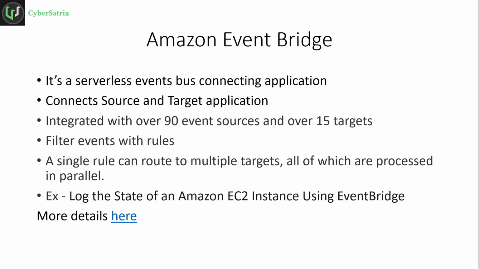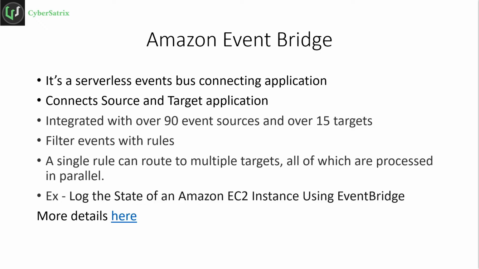Okay, so what is Amazon EventBridge? It is basically a serverless event bus, the goal of which is to connect various applications by providing a way to transport the data from a source application to a destination application. For example, considering the scenario which we are going to do in the hands-on, we are going to transport the data from GuardDuty to the SQS queue, right?